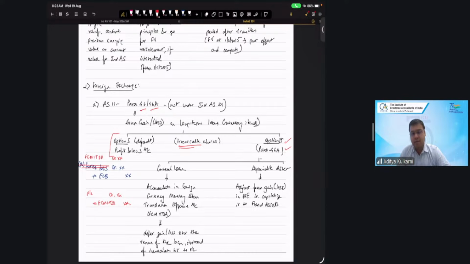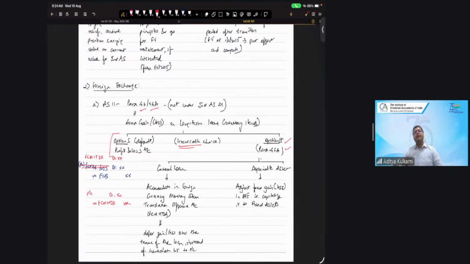Now, where I had taken this loan for purchase or acquisition or construction of a depreciable asset, instead of FCMITDA, I would capitalize the exchange loss.